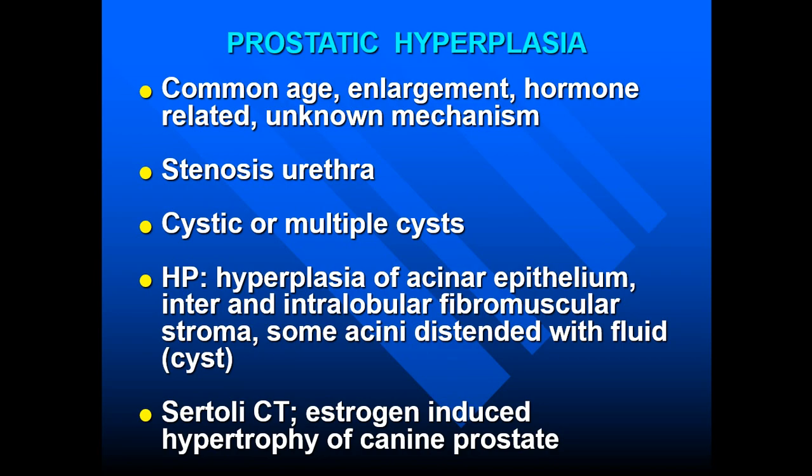First, I'm going to explain about prostatic hyperplasia. This prostatic hyperplasia is really common and related with age, in particular old age. Some literature mentions it can happen in dogs more than 5 years old or maybe 7 years old, but in general it's a lesion in aged dogs.